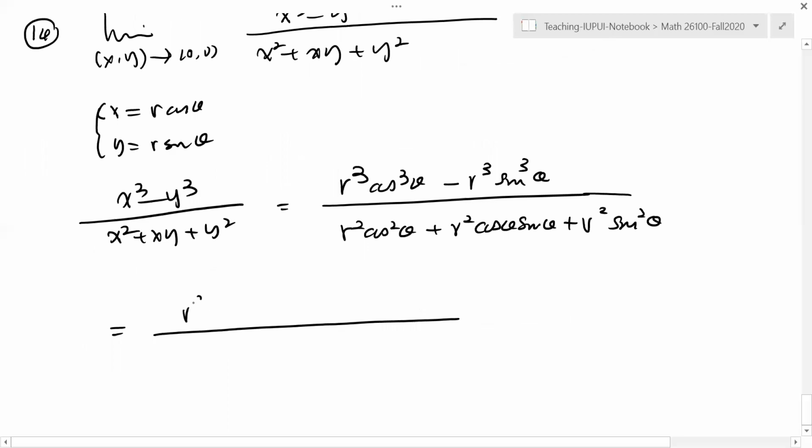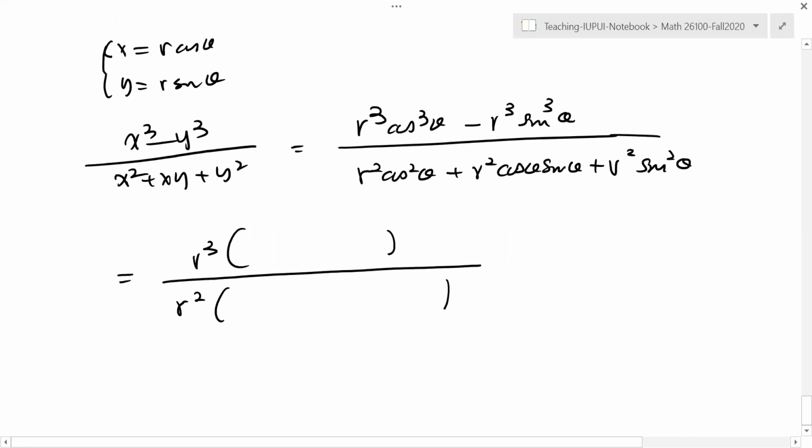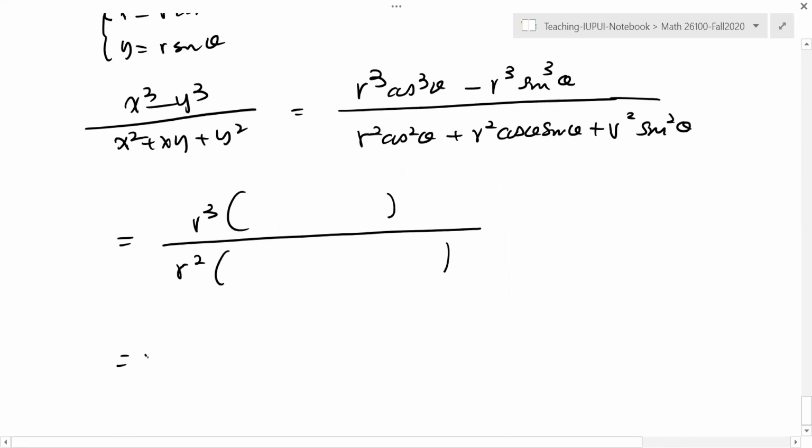The numerator is r cubed and the denominator is r squared. After you simplify, you only have one r, and then something that depends on sine theta and cosine theta.